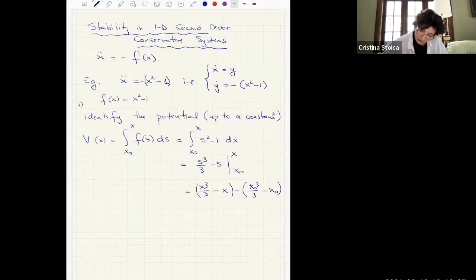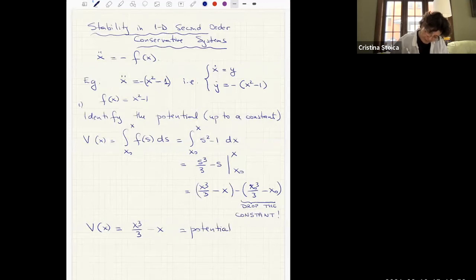And this is the constant that we're going to drop. So basically, v of x is x cubed over 3 minus x. So that's the potential.